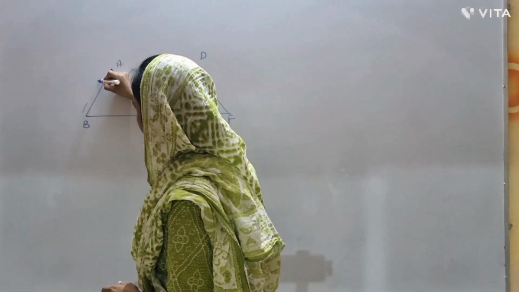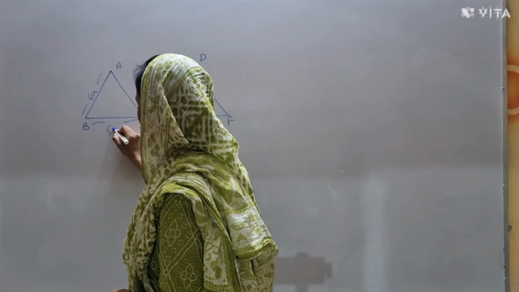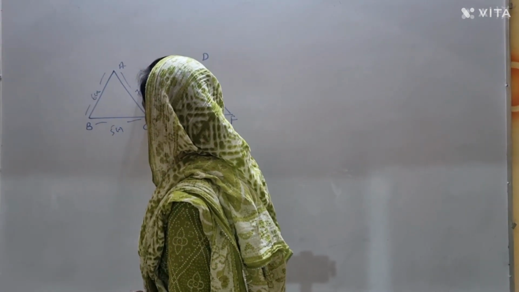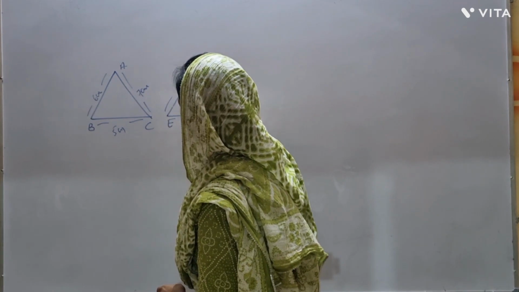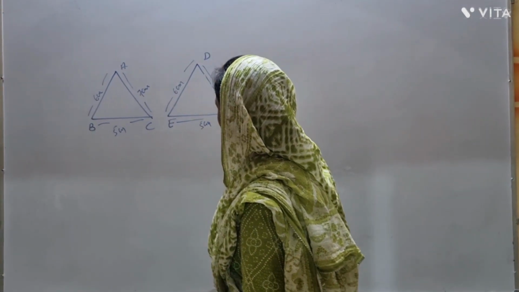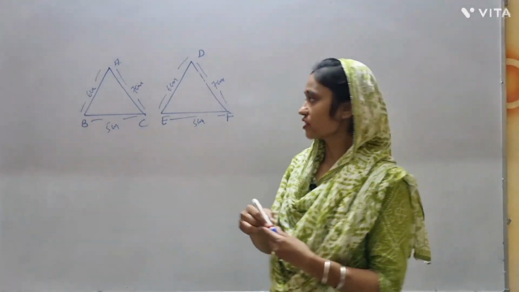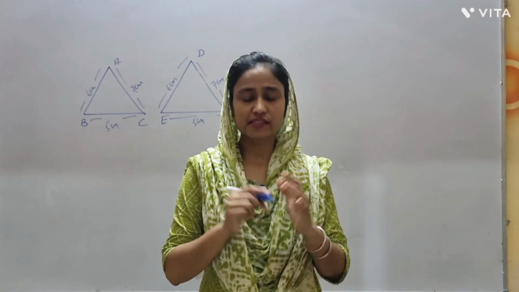Suppose this side is 6 centimeters, this is 5 centimeters, and this is 7 centimeters, then this one will also be 6 centimeters, 5 centimeters and 7 centimeters. They are similar in shape and size.